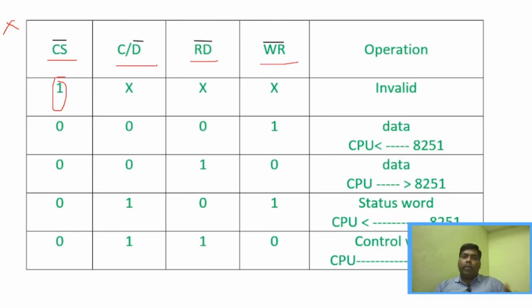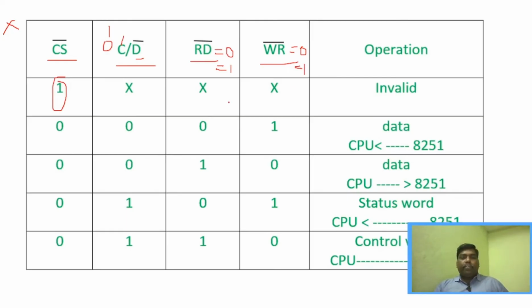Once again, whenever this pin C by D is 1, it enables the control word register, and whenever it is 0, it enables the data bus buffer. And whenever this read pin is 0, it is active, and whenever it is 1, it is inactive. And similarly, whenever this pin is 0, it is active, and whenever it is 1, it is inactive, right?